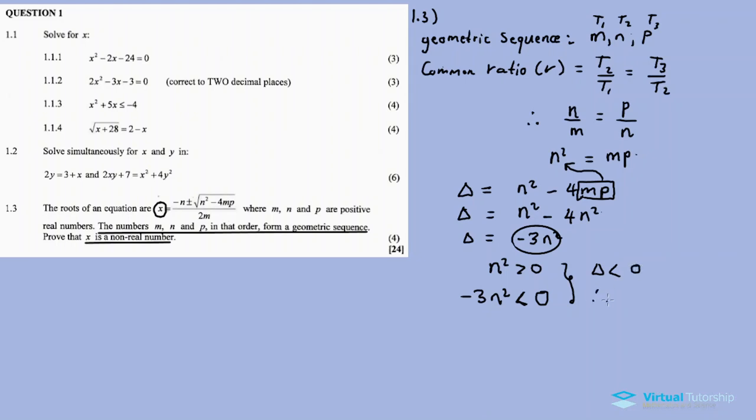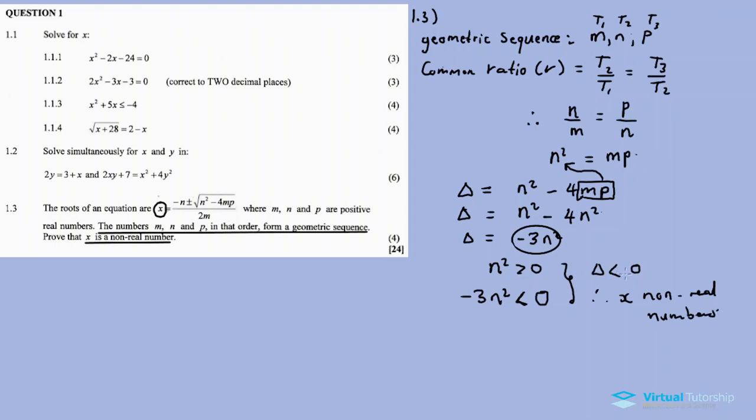And what does it mean? If the discriminant is less than 0, our solutions, the x values or roots, will be non-real numbers.